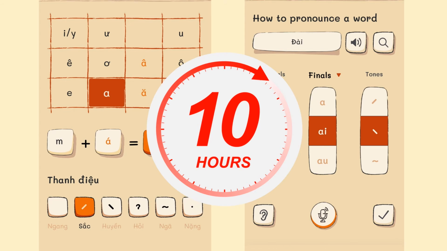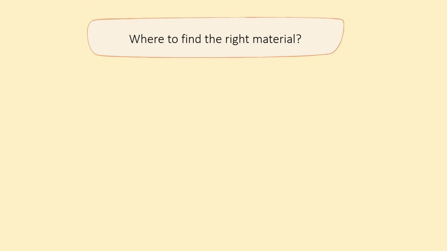Okay, and then where to find the right material? It seems like you will never find something like this in a textbook, because in a textbook we use written language. We make sure everything is well organized, and it's a little bit formal, official language.